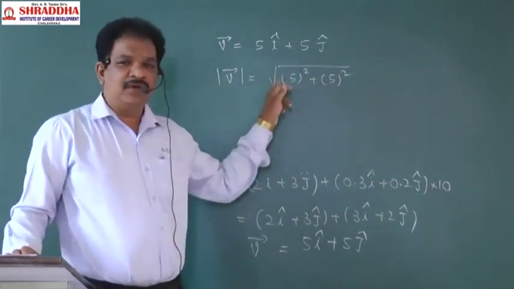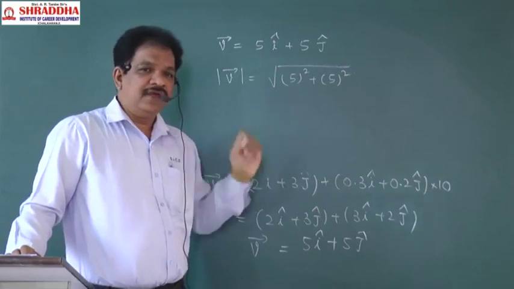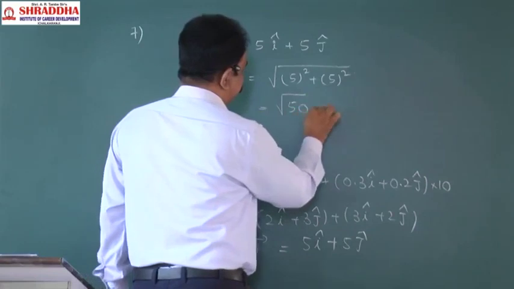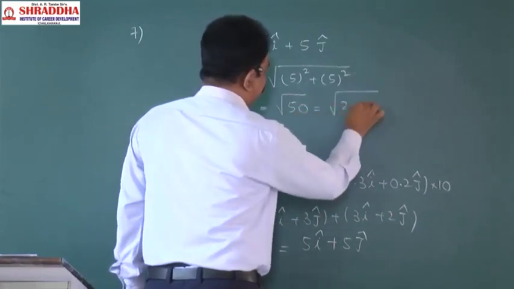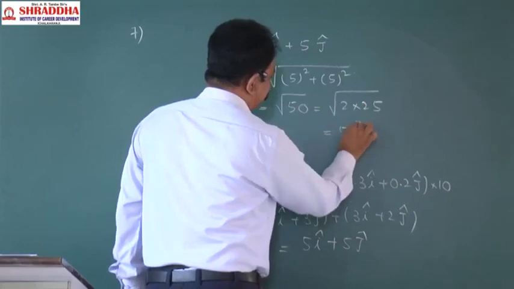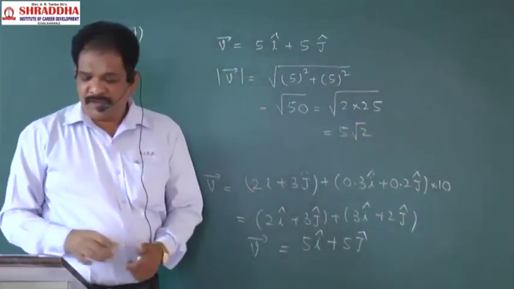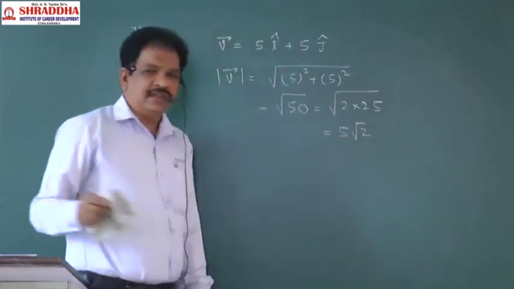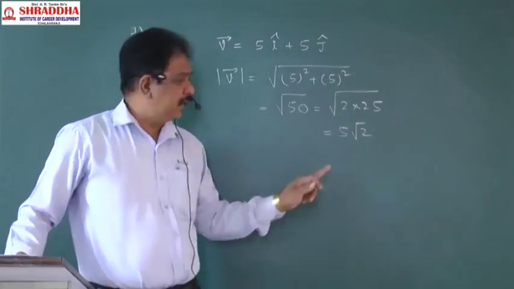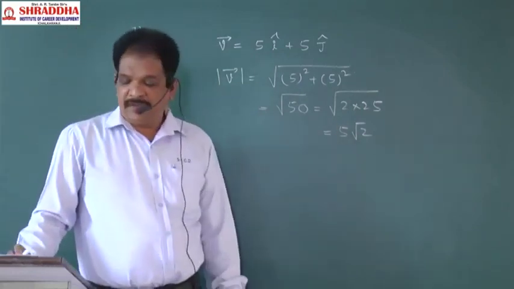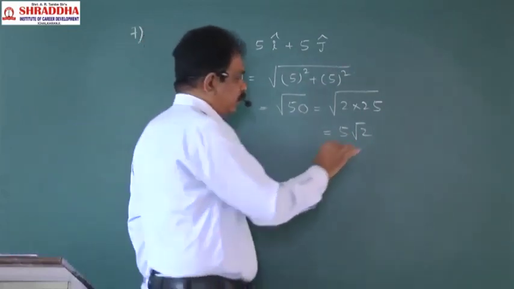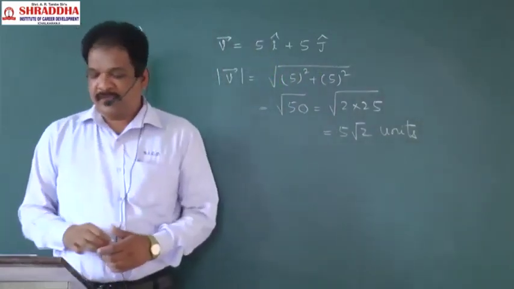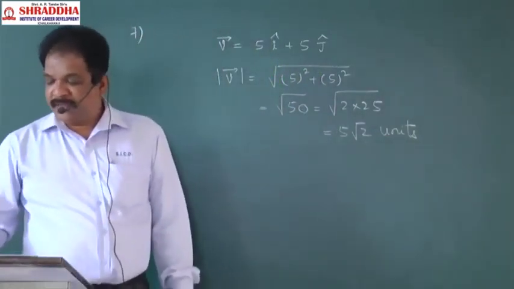That will be root 50. 25 into 2 we can write this one. 2 into 25. This value will be 5 root 2. Okay. So, what is the magnitude of velocity means? That value will be equal to 5 root 2 units. Clear? Next.